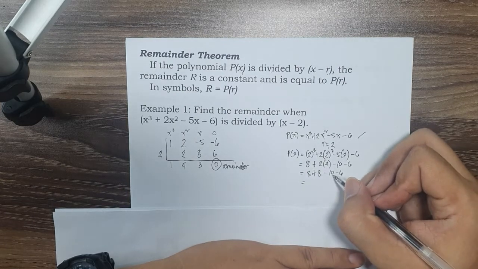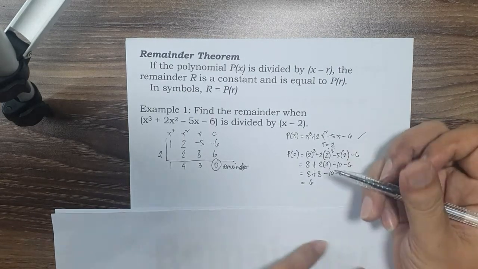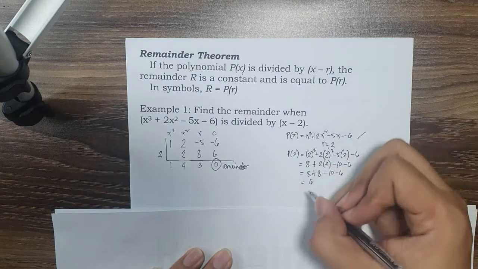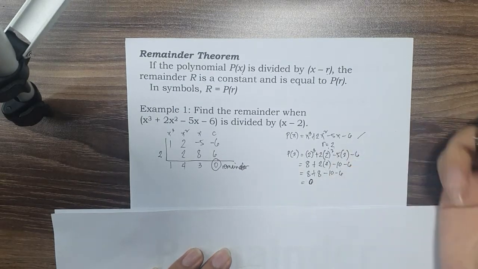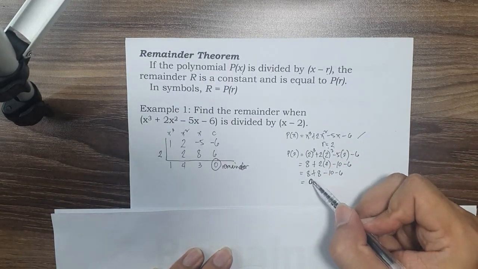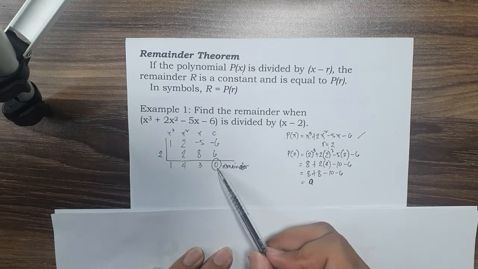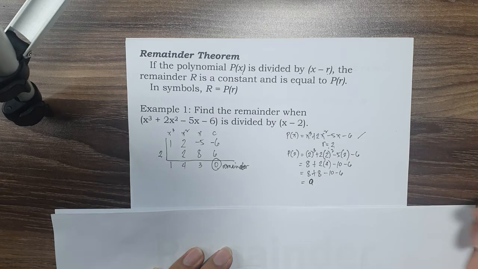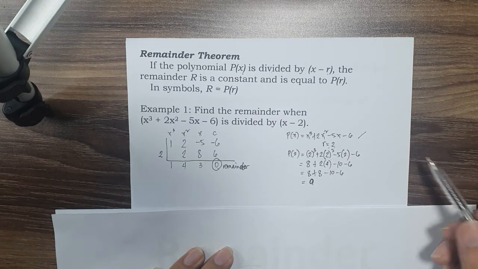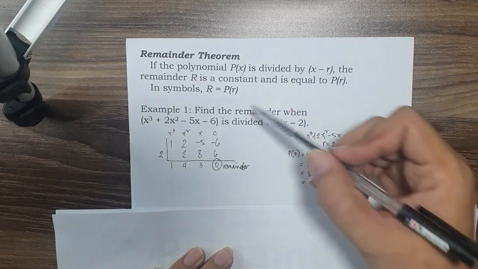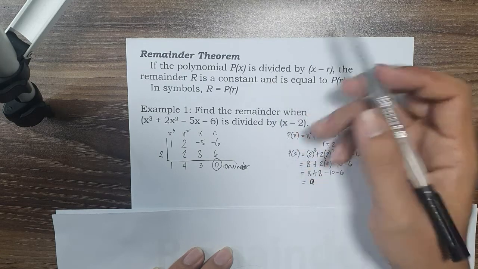Minus 10, 6. Minus 6, 0. Okay, 0 ang remainder. 0 din to. So, parehas. So, yun lang yung ibig sabihin ng ating remainder theorem.